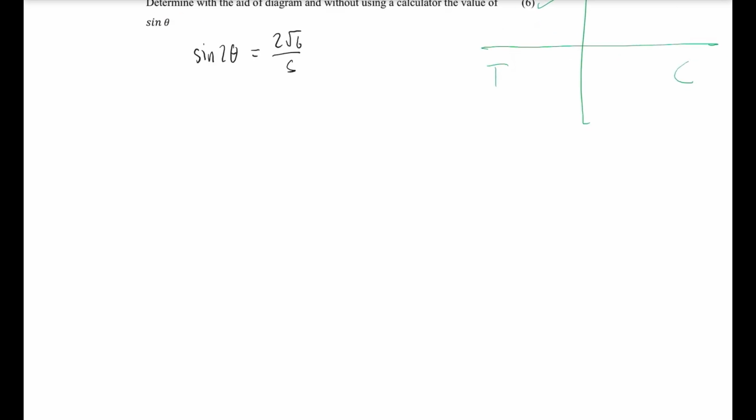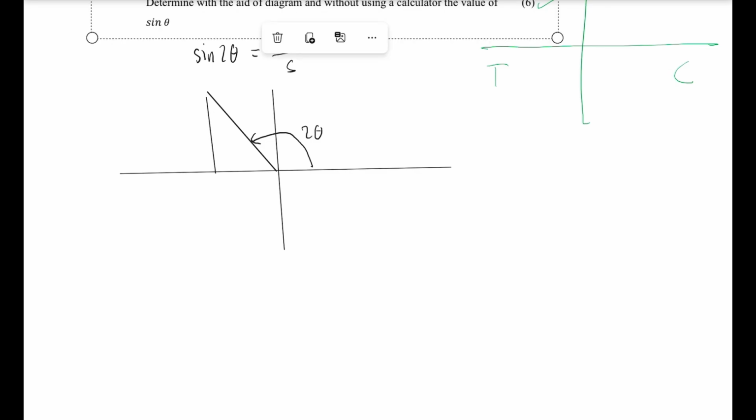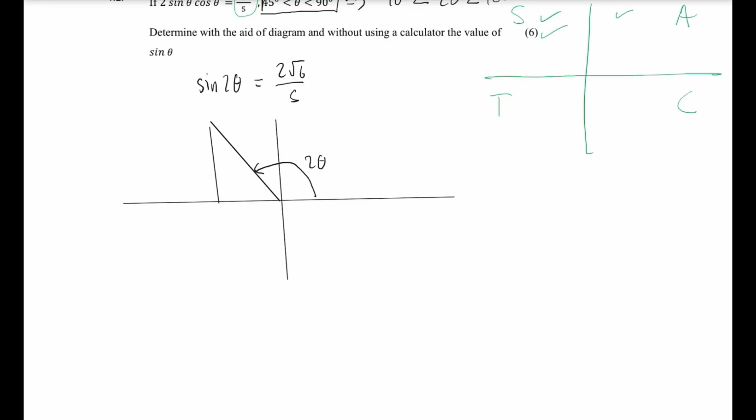So when you draw your diagram, it's going to be like this. Then you're going to have something in the second quadrant like that. Then you're going to go like this, and this is your 2 theta. Let's just pretend as if theta is in here, just to help you visualize things, but it's not really in here. 2 theta is from here up until then.